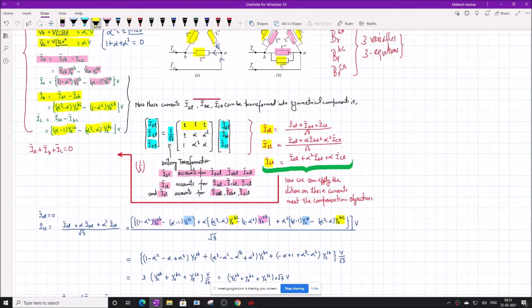And I1L is IAL plus alpha into IBL plus alpha square into ICL, by root 3. I2L is IAL plus alpha square into IBL plus alpha into ICL, by root 3. Please add the 1 by root 3 here.